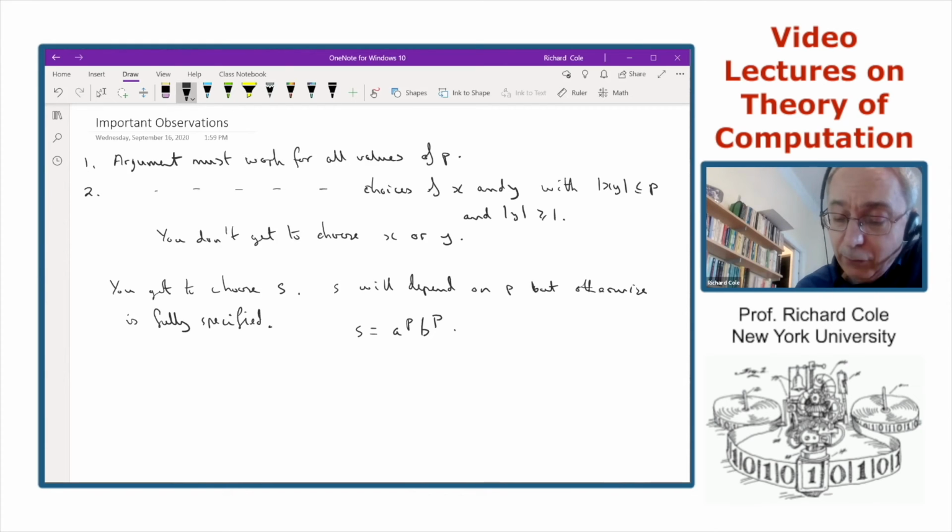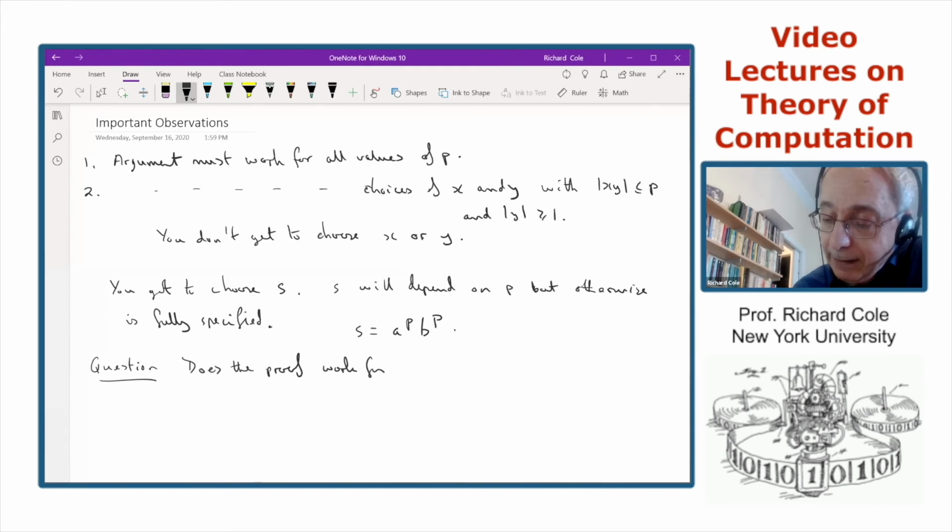Okay, let me leave you with a question to consider. The argument I gave, the proof of the pumping lemma, I gave for DFAs. My question is, does the proof work for NFAs?